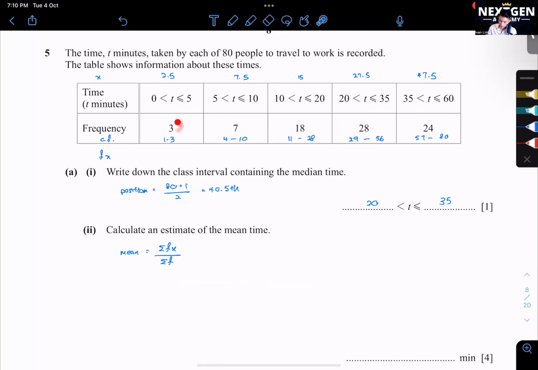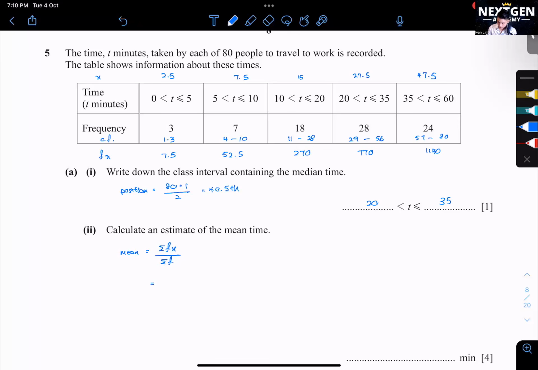So sum of fx, so your f times x: 3 times 2.5, you get 7.5. This one 52.5, 270, 770, 1140. Okay, you can write it down again over here.